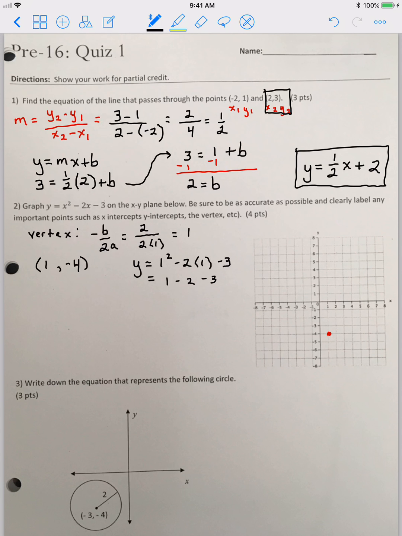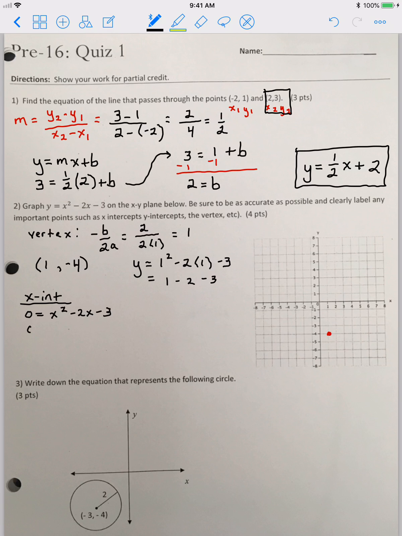I also need to find the x-intercepts, and the way we find x-intercepts is to plug in 0 for y. So I'm solving 0 equals x squared minus 2x minus 3.